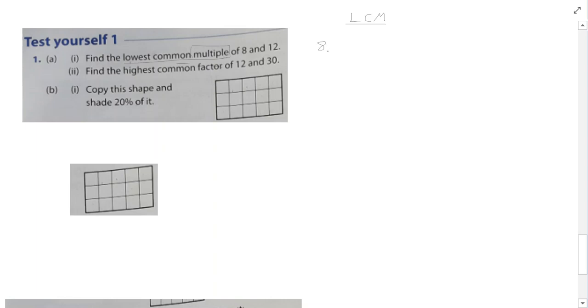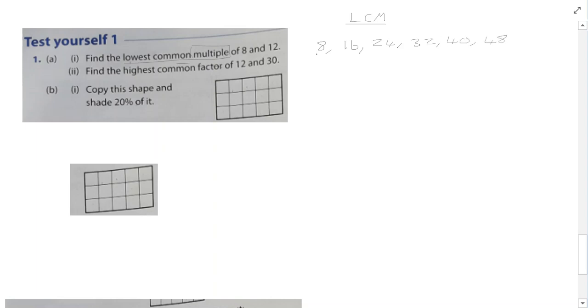So you have 8, then you have 16 is the next multiple, then you have 24, then you have 32, then you have 40, then you have 48.